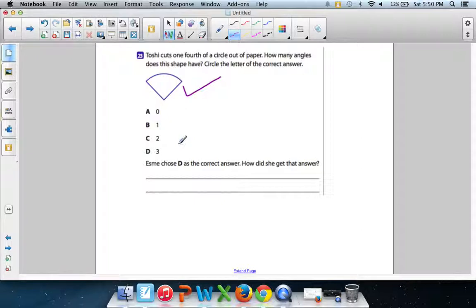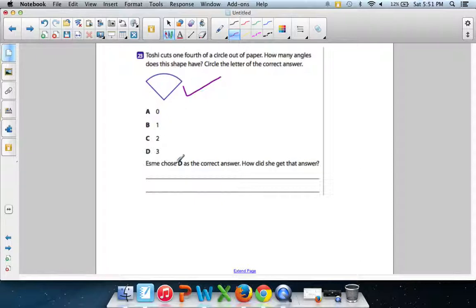Alright, so here's the thing. Angles are when two rays, two lines come together to create an angle. And the thing about rays and lines is that they're supposed to be straight.